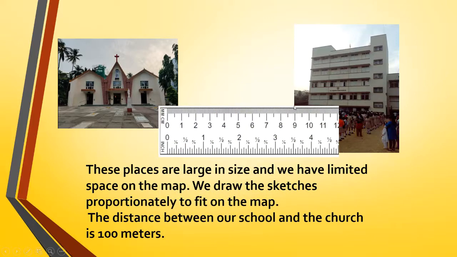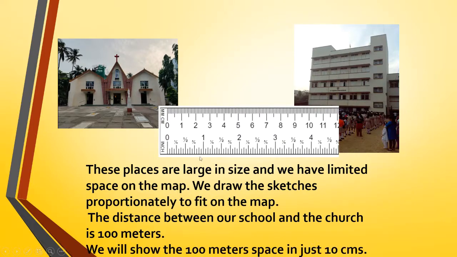So, a cartographer might fit it at a distance of 10 centimeters. See here it starts at 0 and here the school building starts at 10. So, he has left 10 centimeters and drawn the next figure. We show 100 meters in just 10 centimeters.